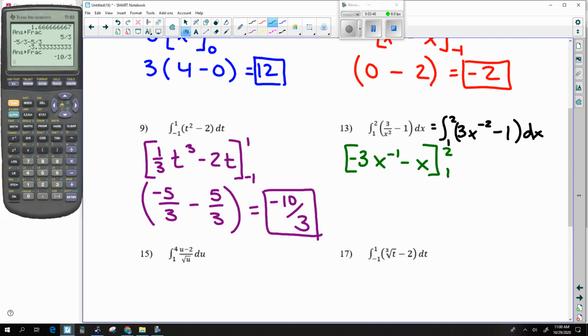From 1 to 2. So I evaluate that at 2. So this is going to be -3x to the -1, or I could have just written that as a division of x, minus x.